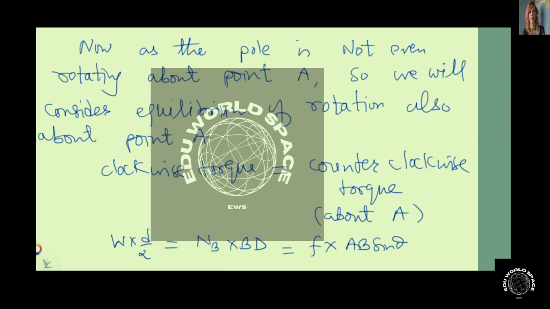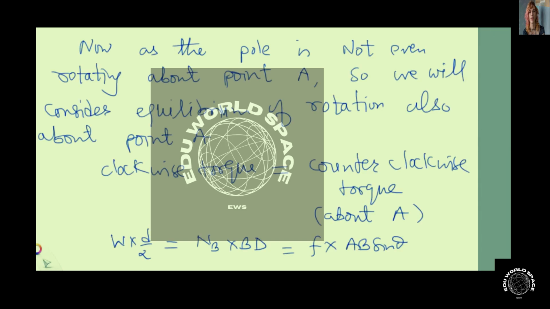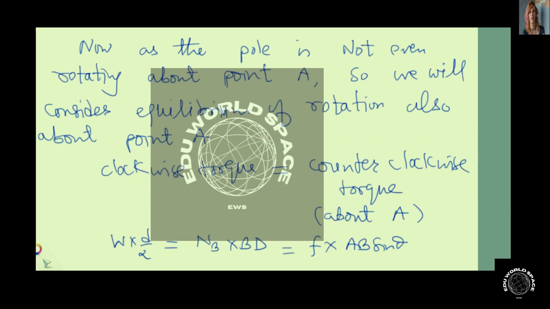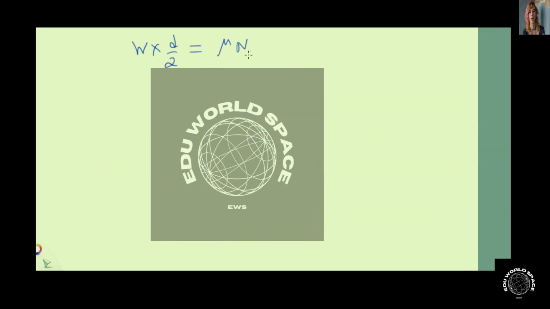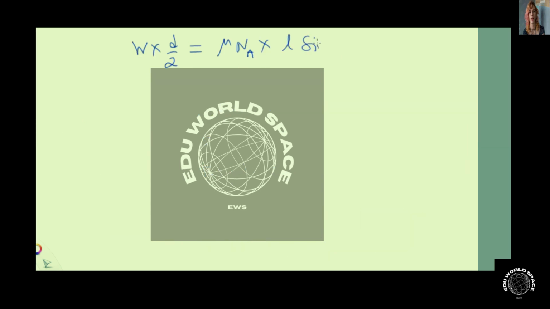Again, in left hand side, this is W into D by 2. In right hand side, it is F, and for F, again we know, mu into NA. So this is mu into NA into AB sine theta, where AB is nothing but L. L sine theta.